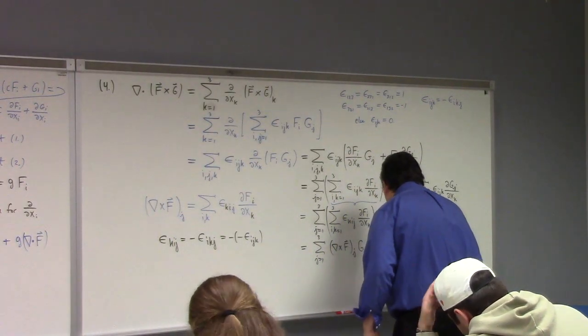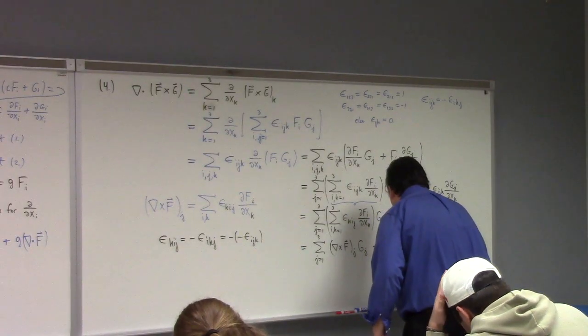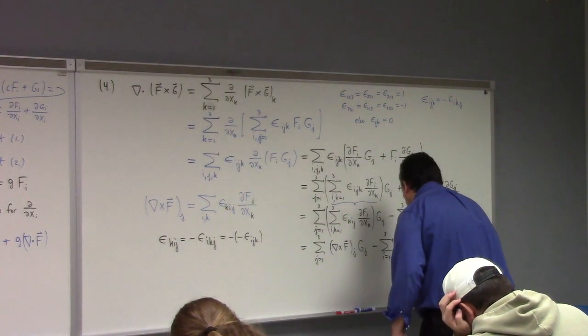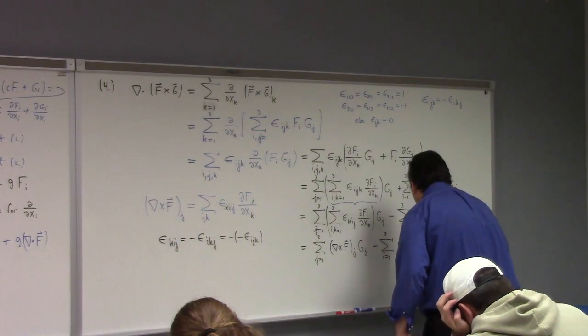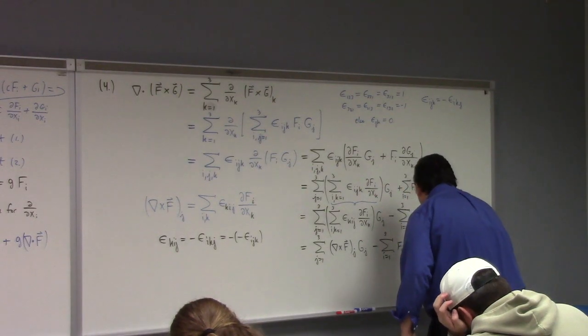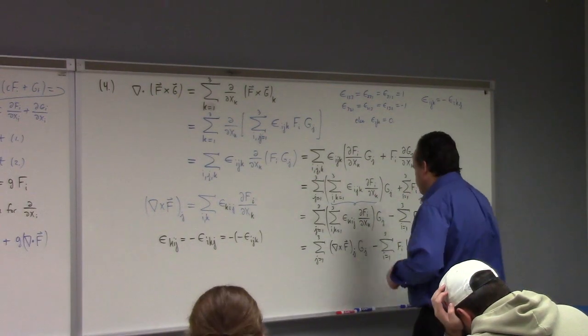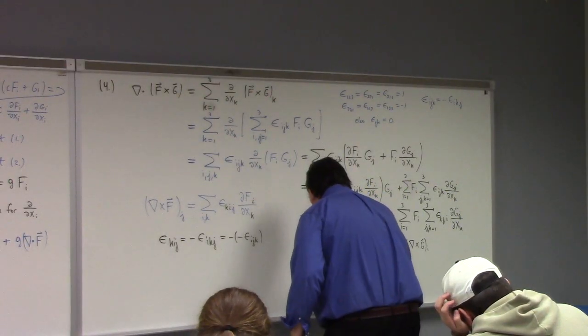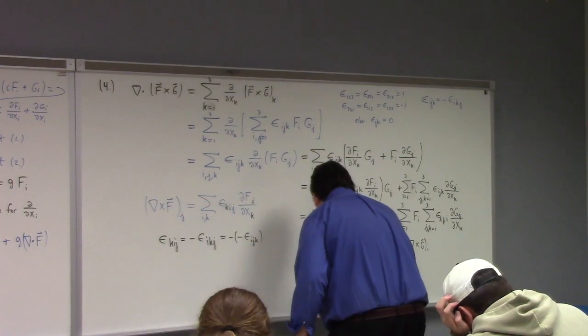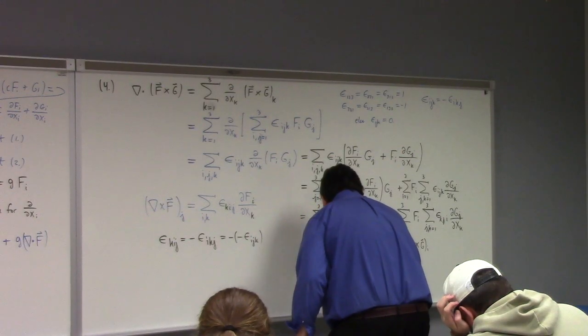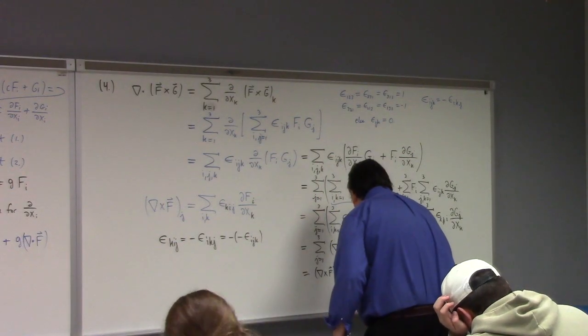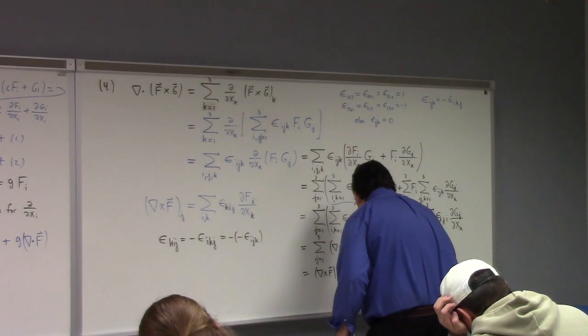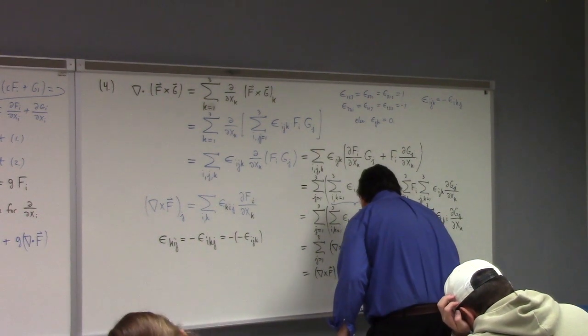And then minus the sum over i equals 1 to 3 of f sub i times the ith component of the curl of g. And what is that? We've got the curl of f dotted with g minus f dotted with the curl of g.